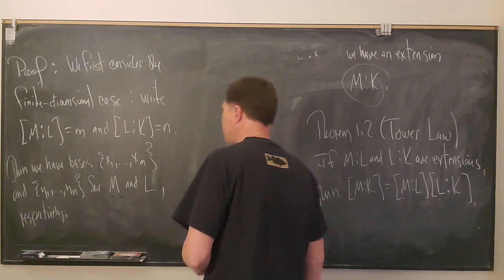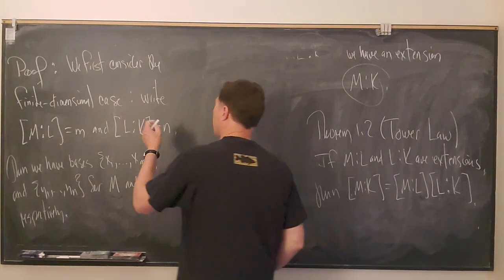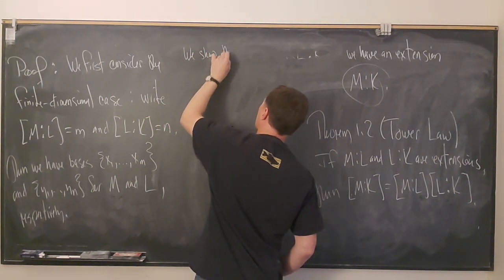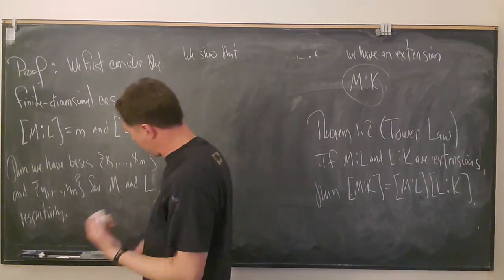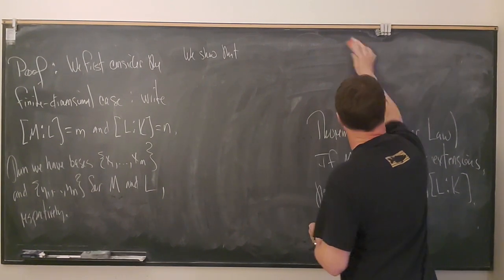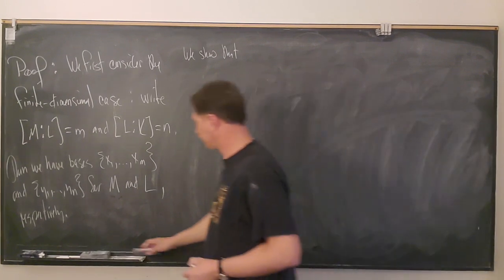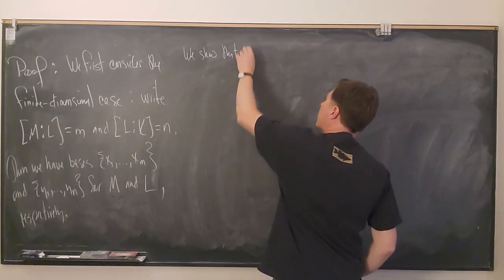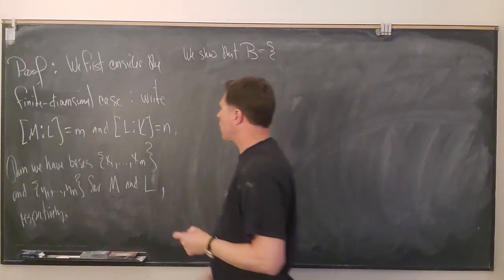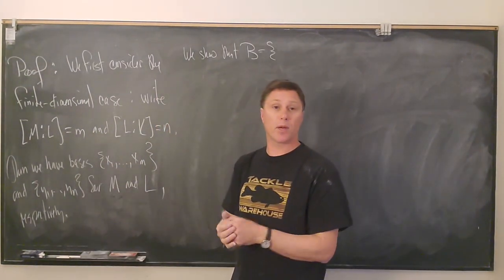Okay, so now what I'm going to do is produce a basis for M as a K vector space. So we show that the following set actually forms a basis for M over K. We're just going to mix and match. Remember now, all of this stuff lives in M, so we can multiply them. They just live in the field.